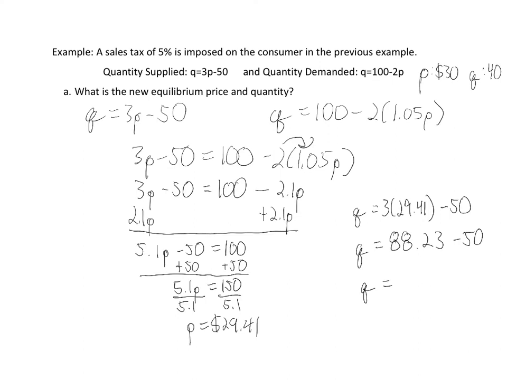So Q equals 38.23. Now, depending on what it is that we're talking about, we may want to leave it as a decimal, like say we were talking about gallons of gas or something along those lines. But if we were talking about a specific item, then we might want to actually round that if it's not something that you could have a portion of.